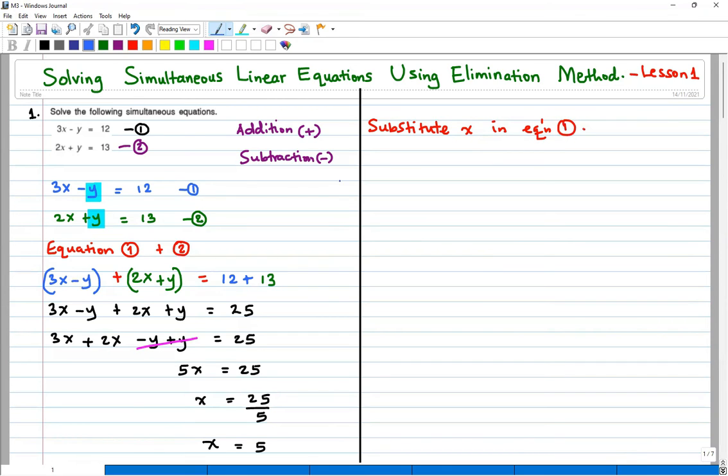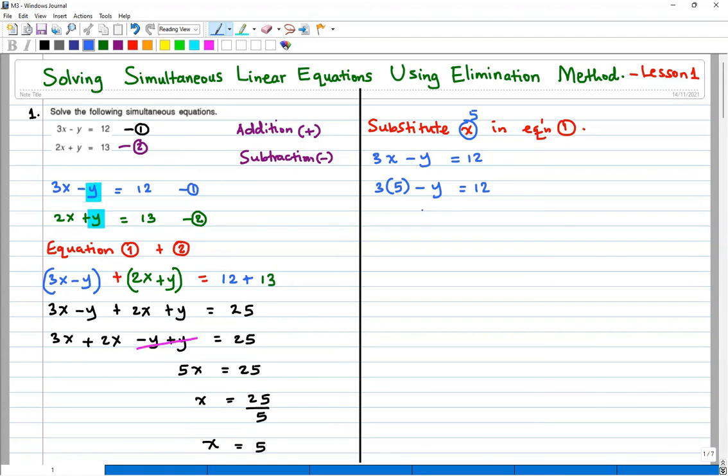Okay. Now equation 1 is 3x minus y is equal to 12. Now x is 5. So we say 3 into 5 minus y is equal to 12.